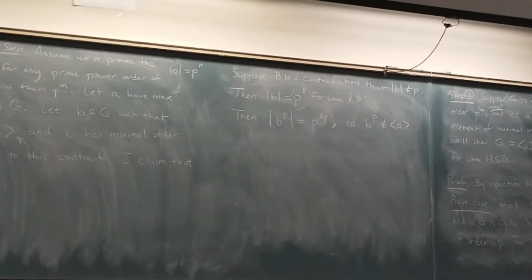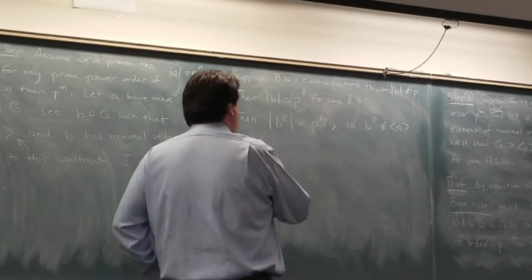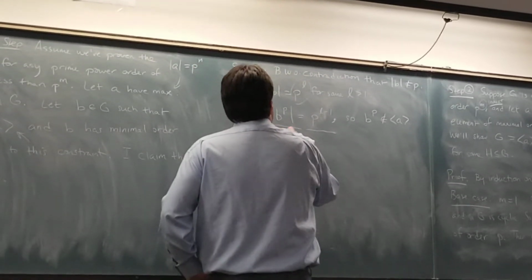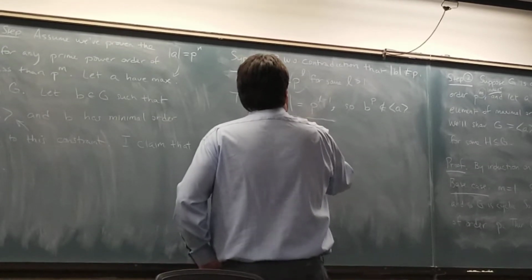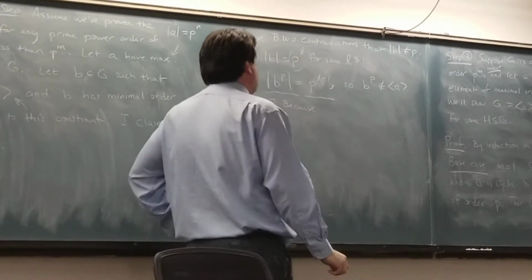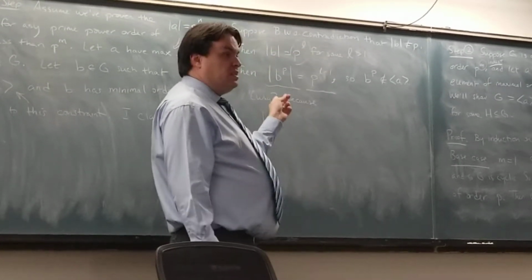Okay, so when I say B, the order of B is P to the L. Because this means that the order of B is P to the L, that means B to the P to the L power is the identity.